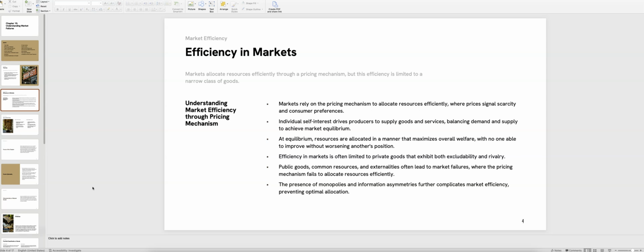And all that we really need to do, as highlighted here on this slide, is find a better pricing mechanism, right? If we find the right pricing mechanism and a way to internalize all of these costs that we were saying are external, make people pay for the economic destruction that they're causing, then we will get efficiency.